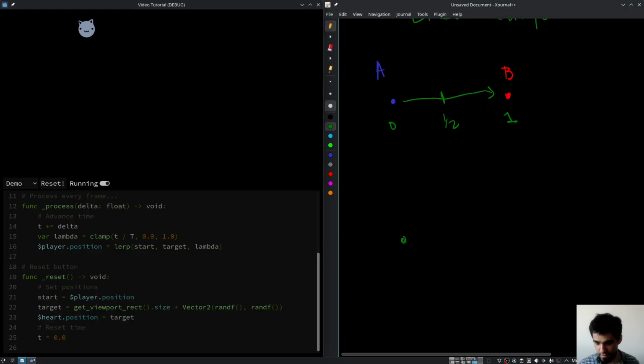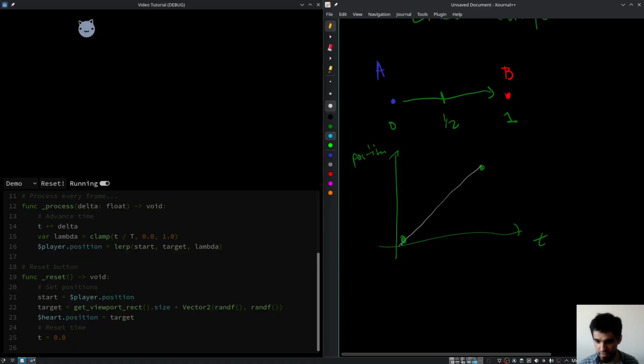So if this is my time function, this is t, and this is the position. At the moment, what is happening is that we're just going on a straight line from the beginning to the end, right? But there are a couple of things that we could do, which would be to ease in or to ease out.